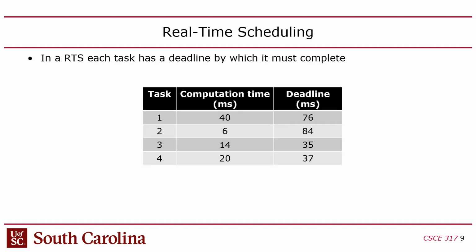So let's assume that you have 4 tasks, for instance, and the computation time, which is the worst case execution time, is 40 milliseconds, 6 milliseconds, 14 milliseconds, and 20 milliseconds for the 4 tasks. And we're going to assume that each of these has a deadline. In this case, I'm just going to assume we run these once, not over and over again.